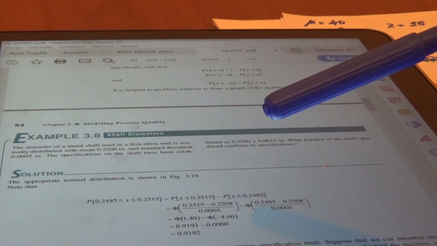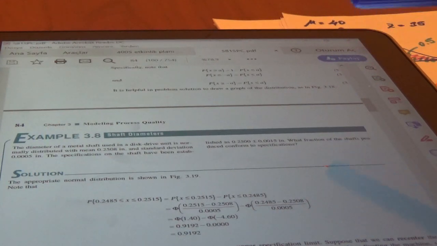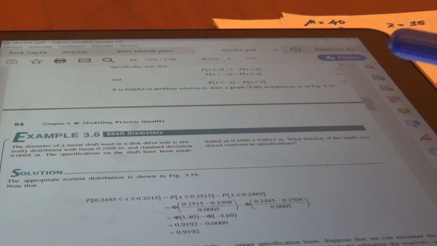The specifications on the shaft have been established as 0.2500 plus minus 0.0015 inch. What fraction of the shafts produced conform to specifications? Okay, let's try to understand the question by drawing again.